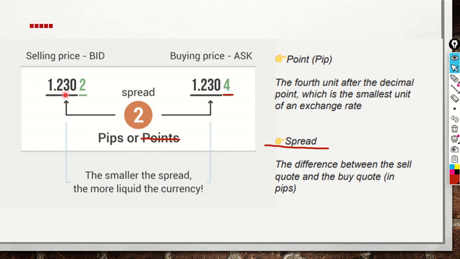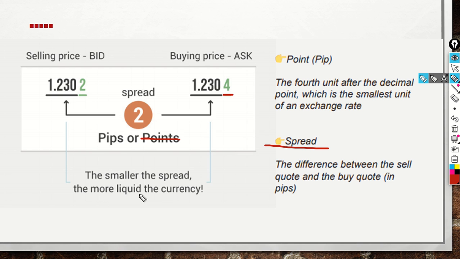We are subtracting this value, which is the selling price, from the buying price to get the spread. So our spread is now 2 pips. I hope you can understand how to read pips. A pip is the fourth decimal after the point. If your platform shows 5, leave the 5, it's a fraction of a pip. That's what is called a point.